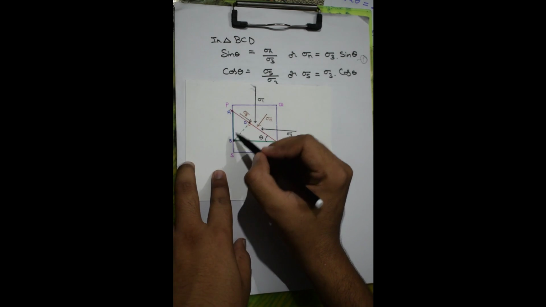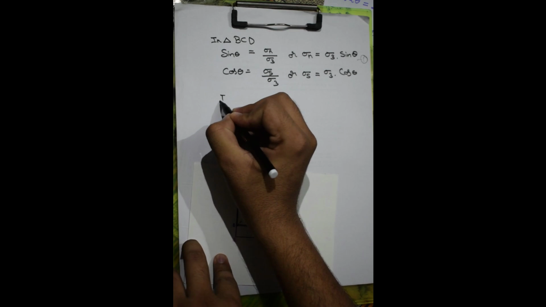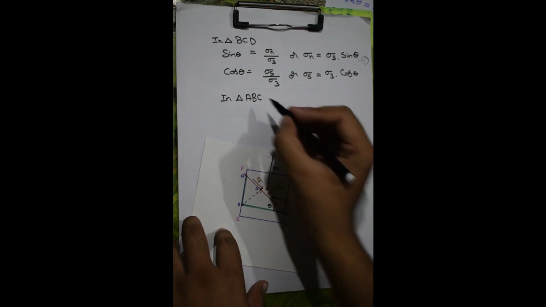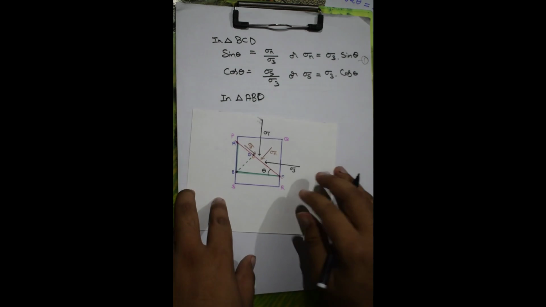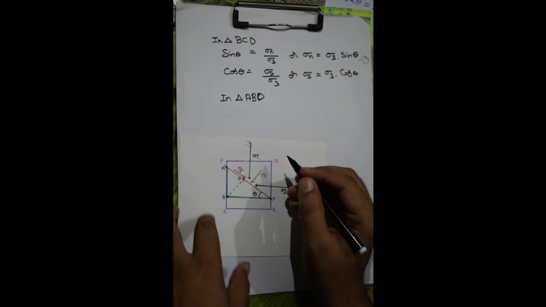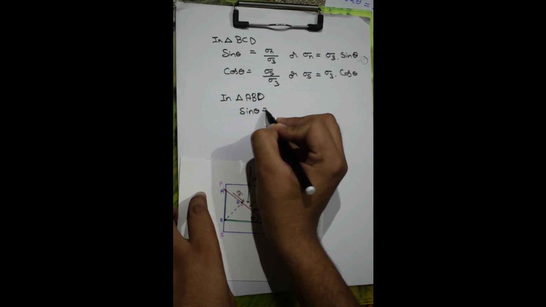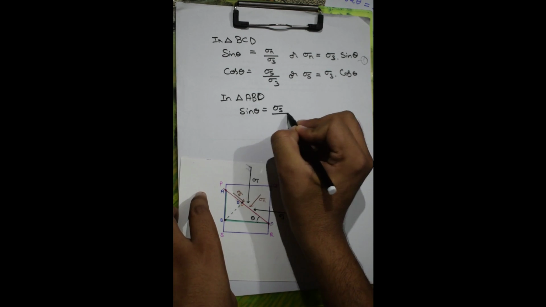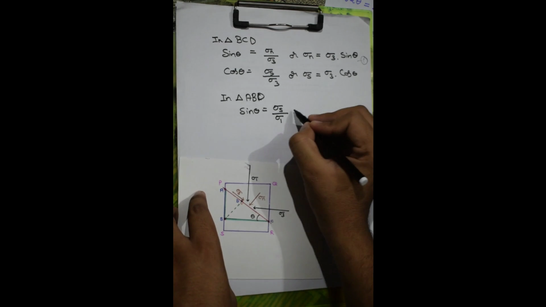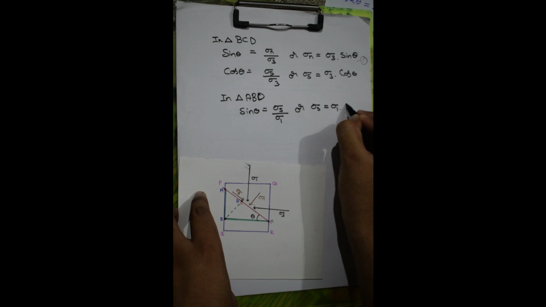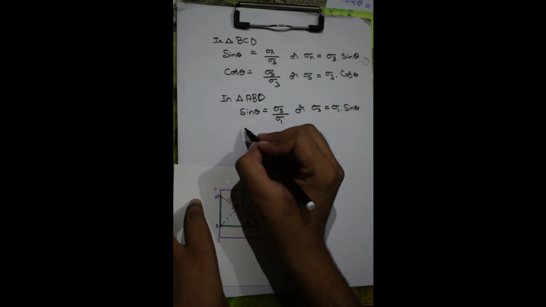Similarly, in triangle ABD, we have sine theta is equal to sigma s divided by sigma 1, or we can rewrite this as sigma s equals sigma 1 sine theta.